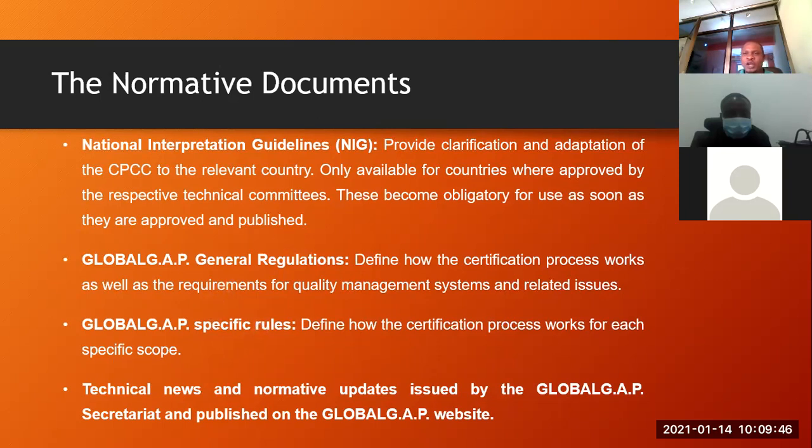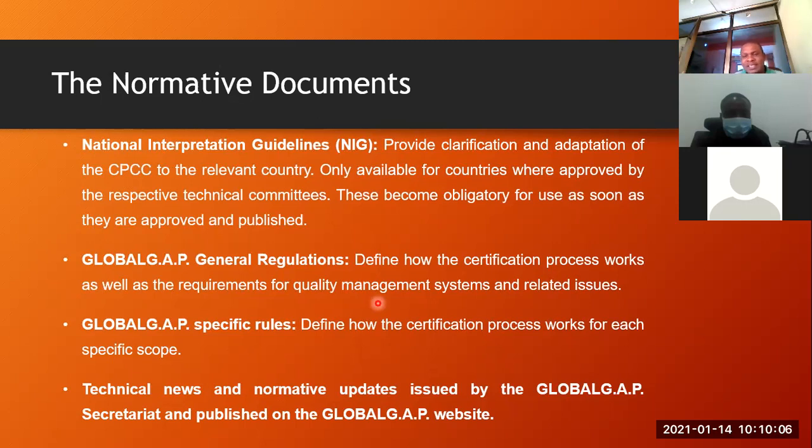Then we also have the GlobalGAP general regulations. The general regulations define how the certification process works. They also define the requirements for quality management systems as far as option 2 certification is concerned.